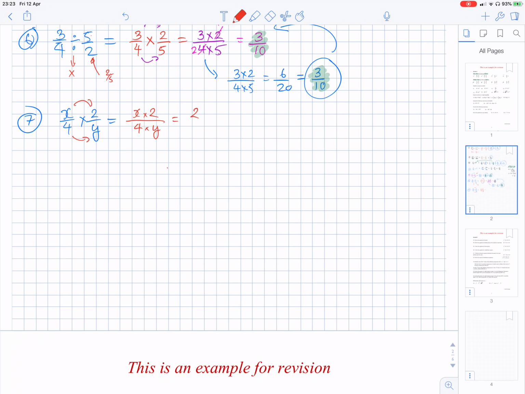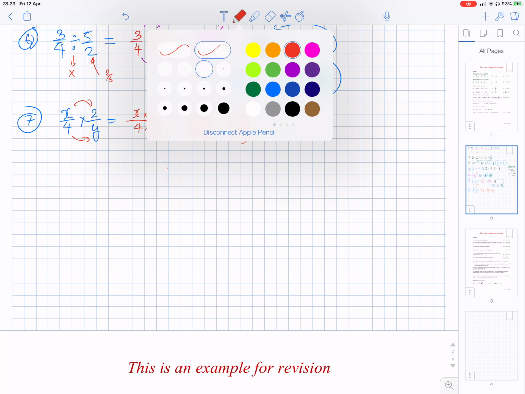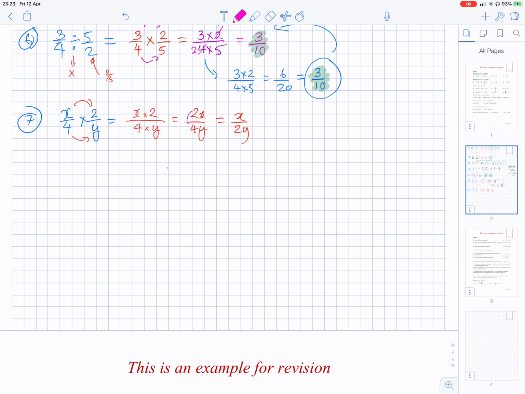So that becomes 2x divided by 4y, which is the same as x/2y. Why? Because 2 can go into 4 twice. Alternatively, you could simply say this is x times 2 divided by 4 times y. As you can see, 2 can go into 4 twice. So this becomes x times 1, which is just x, and 2 times y, which is 2y. So you get the same answer as this.